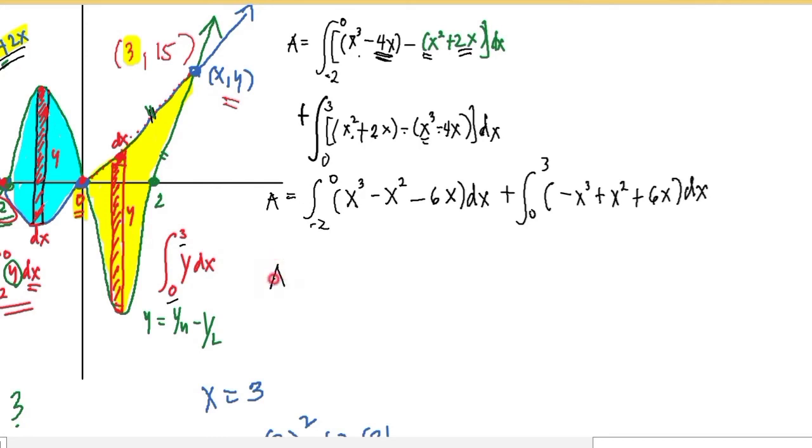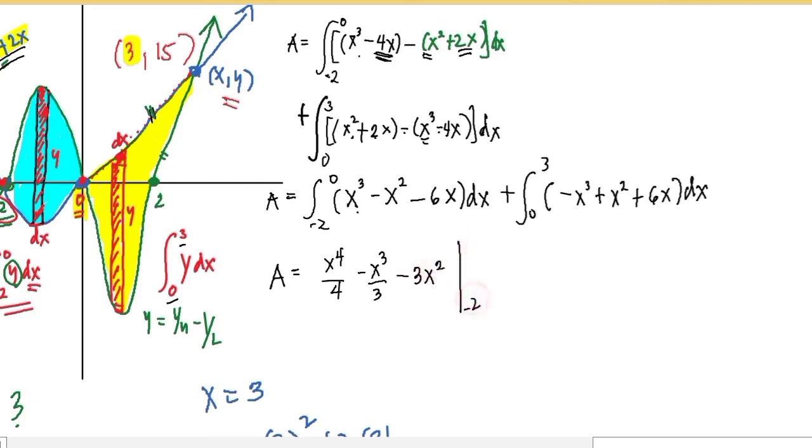So, we have here our integral, which is x to the 4th over 4 minus x cubed over 3 minus 6x squared over 2. Let me simplify that, since we have 6 over 2, 6 divided by 2 is just 3. So 3x squared.